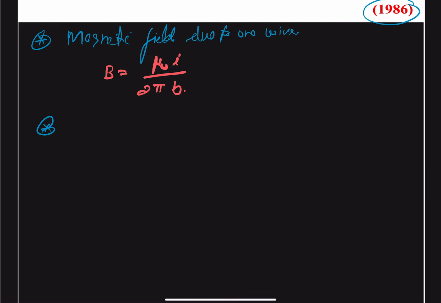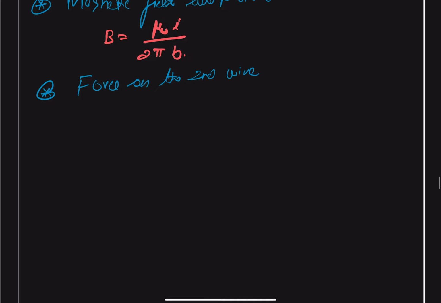Force on the second wire will be F is equal to I L B sine of theta.